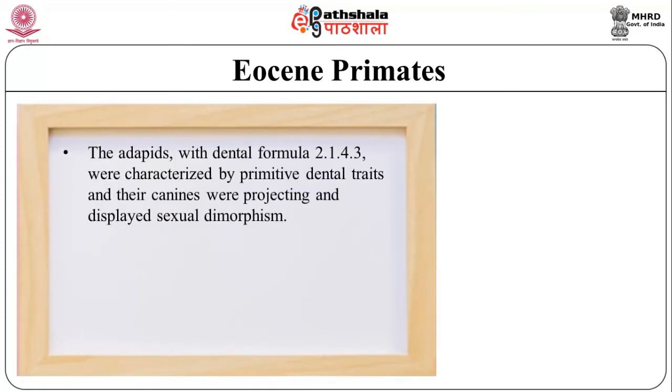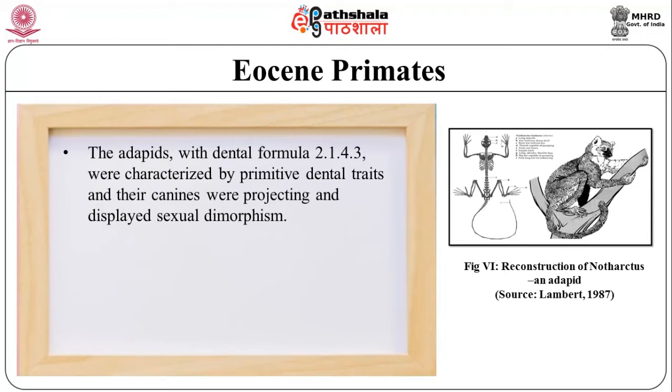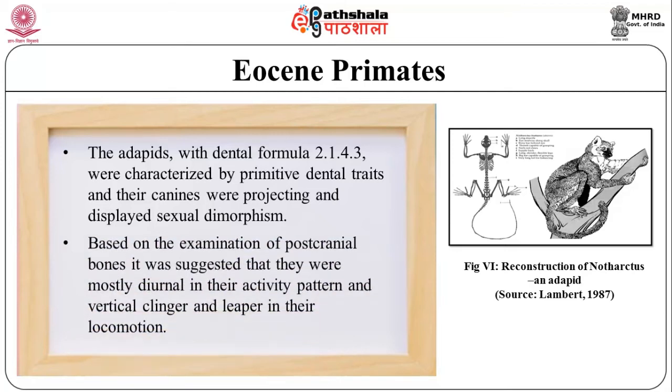When we see the reconstruction of Notharctus and Adapis presented in the given figure, it shows very clearly that the adapids, with dental formula 2143, were characterized by primitive dental traits, and their canines were projecting and displayed sexual dimorphism. Based on the examination of postcranial bones, it was suggested that they were mostly diurnal in their activity pattern and vertical clingers and leapers in their locomotion.